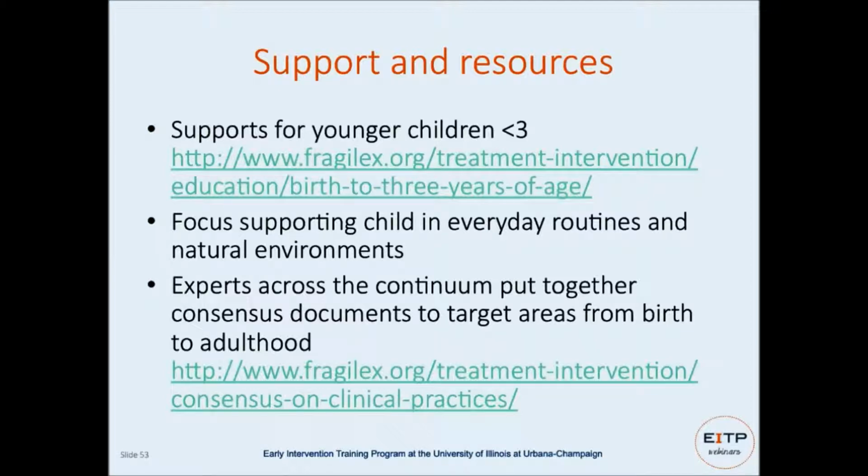This is experts from all across the continuum, speech therapists, physicians, OTs, educational people, and psychologists, that have come together and created these documents that touch all areas across the continuum to help you have that resource as if you have these experts in your home to be able to know how to address the concerns.